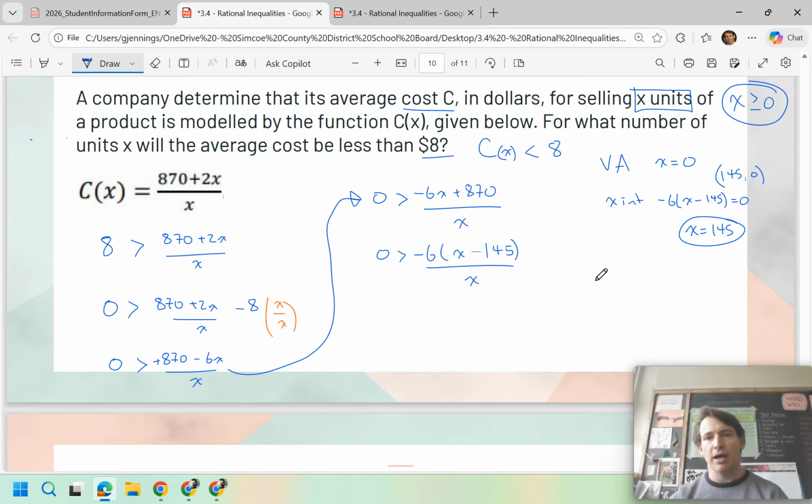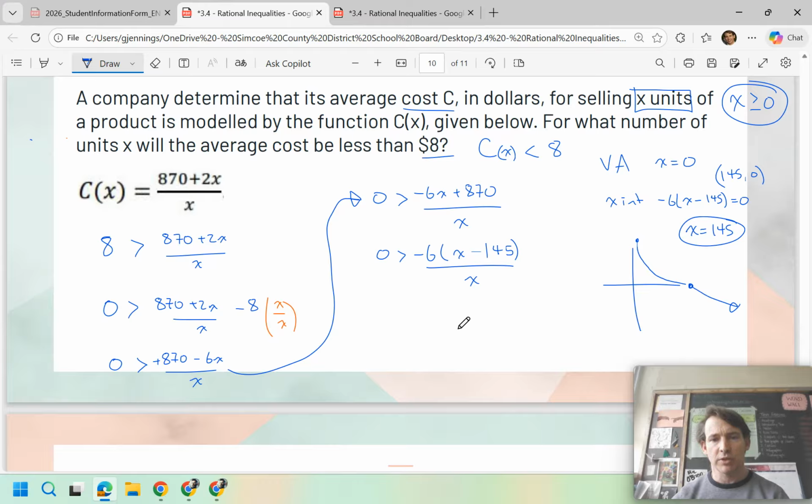A sketch might look like this: starting from the positive side, put in 1 and it's very large. So we have very large costs over here, and then we come down, hit 145 and go below it that way.